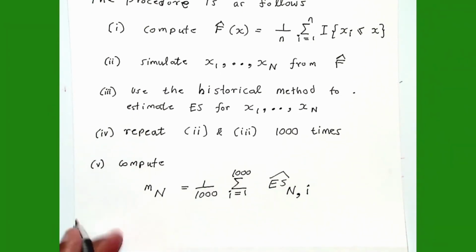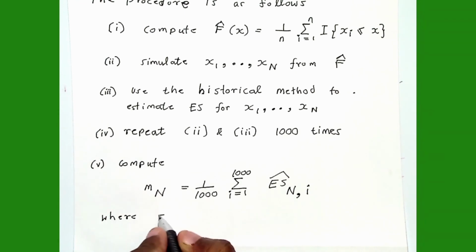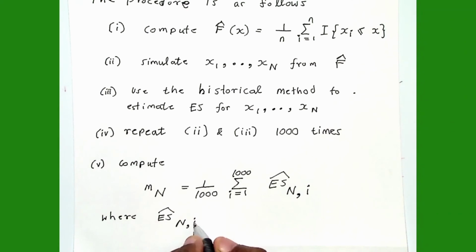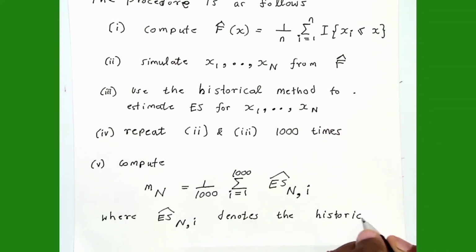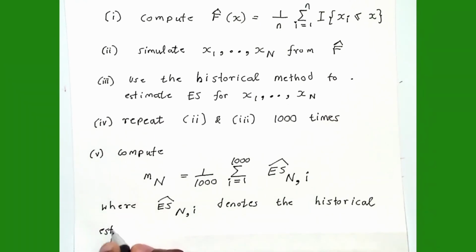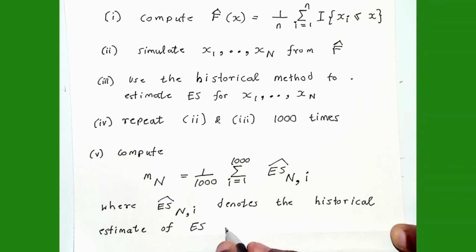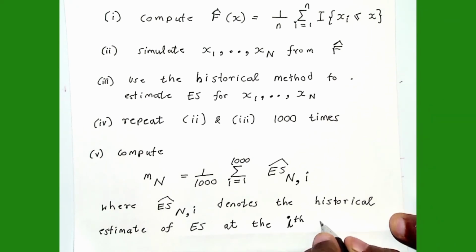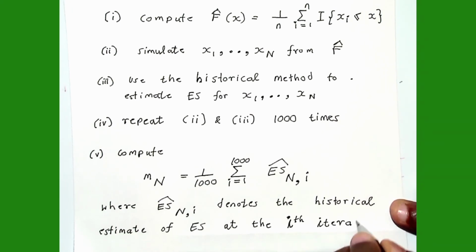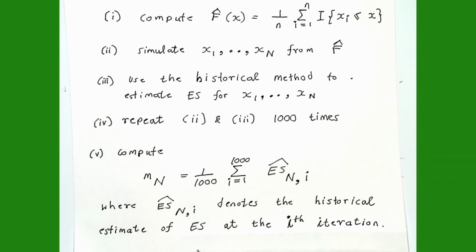So let me write it down, where it denotes the historical estimate of expected shortfall at the ith iteration. Right, so that's step 5.